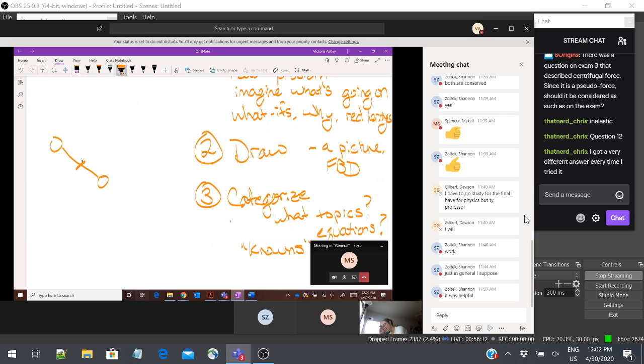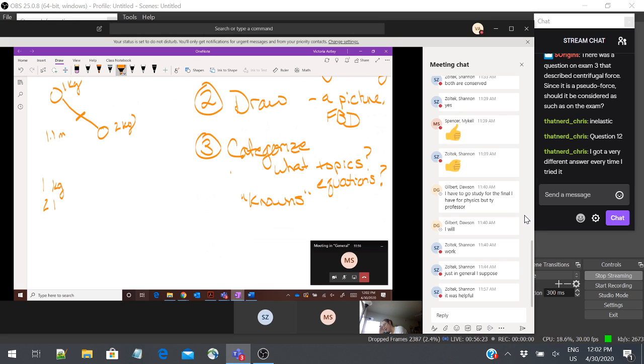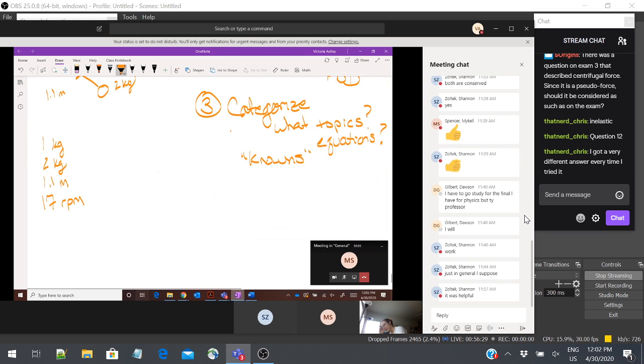Okay, so this is a total of 1.1 meters, 1 kilogram ball here, 2 kilogram ball here. So the numbers they gave me: 1 kilogram, 2 kilogram. They gave me the length of the rod. They gave me that it's rotating at 17 RPM. They gave me to bring it to a stop in 4.4 seconds. And they told me the force has to be applied 0.25 meters from the geometric center.